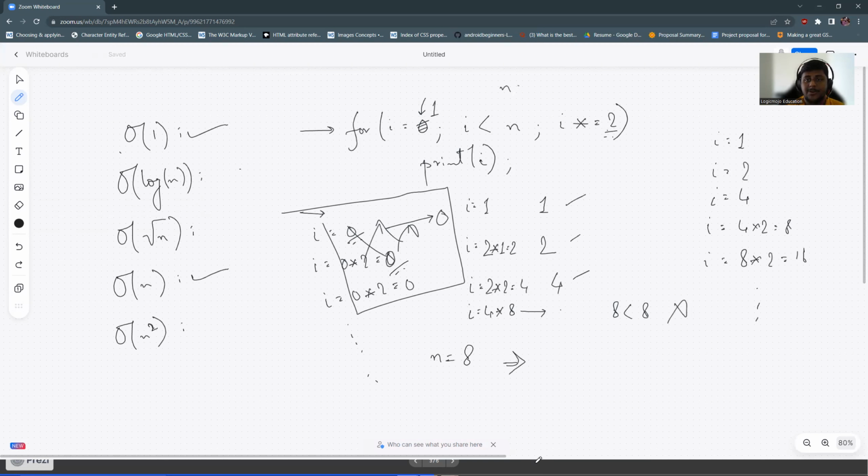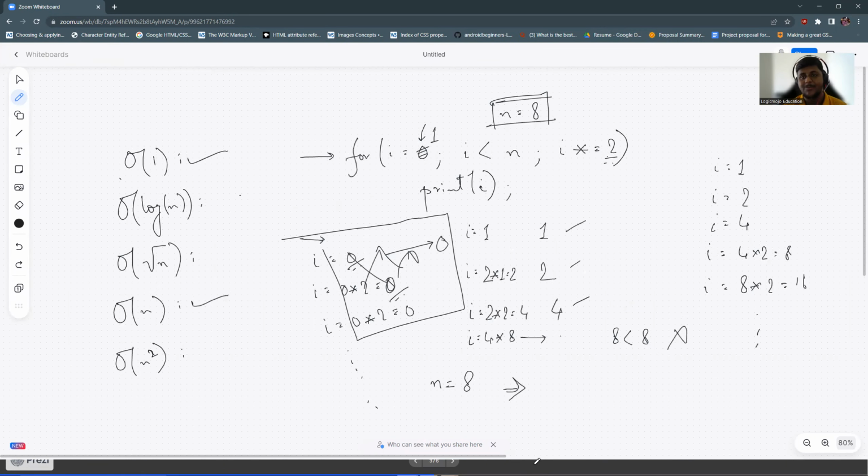Sorry, I forgot to tell you that n was 8. So we were considering n is equal to 8. That's why we broke here. So when n is equal to 8, my loop ran 1, 2, and 3 times, right?